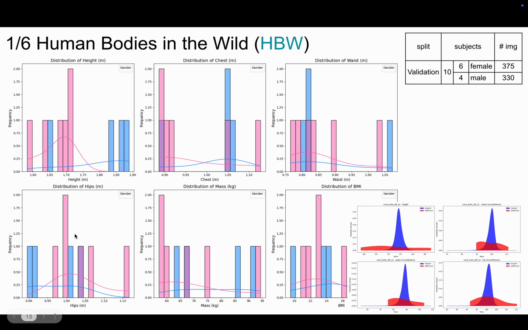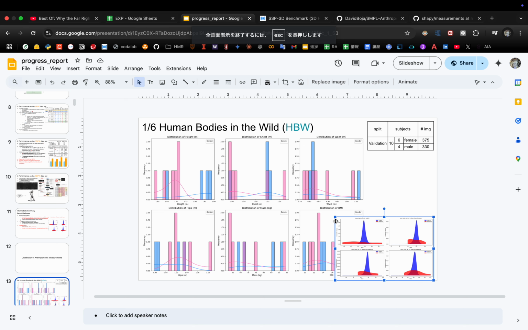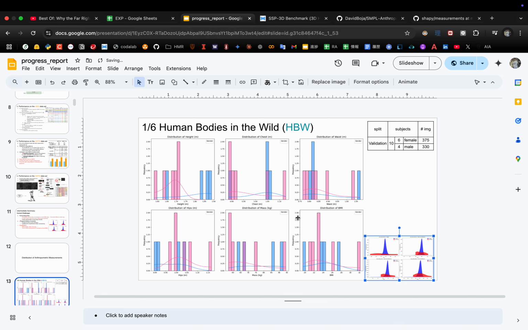But if we only look at one specific measurement, it is not guaranteed to faithfully represent the body shape of the person. So we calculated the BMI by using the predicted mass divided by the square of the predicted height.